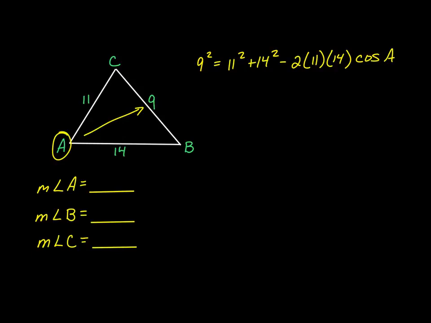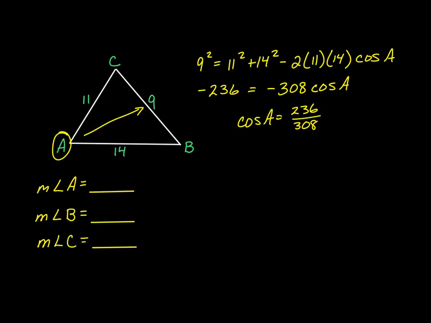All right, so if you take 9 squared and subtract 11 squared and subtract the 14 squared, that will give you negative 236. 2 times 11 times 14 is negative 308 times the cosine of angle A. If you divide the negative 308 to the other side, that's going to give us the cosine of angle A is equal to 236 over 308.